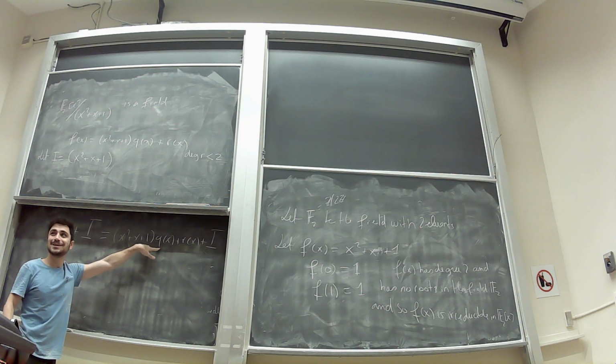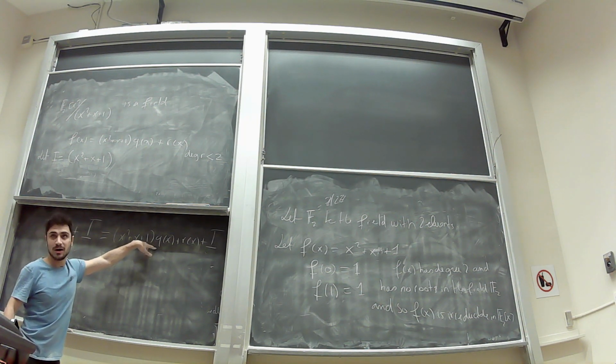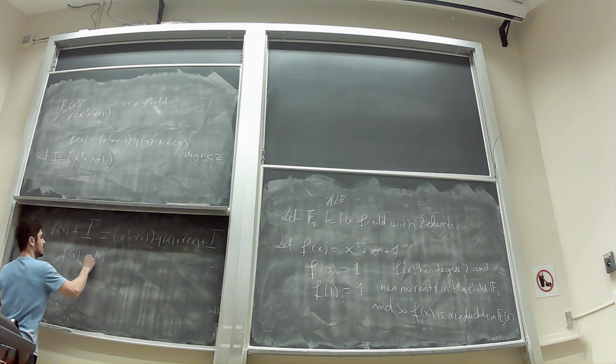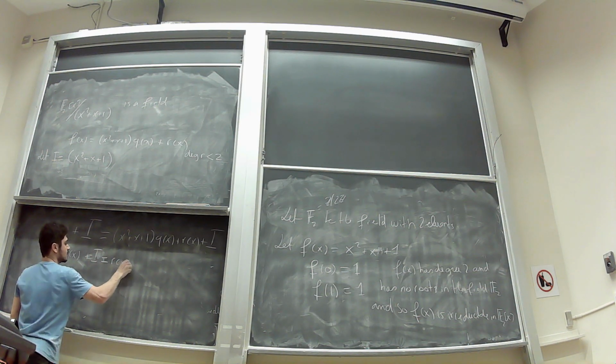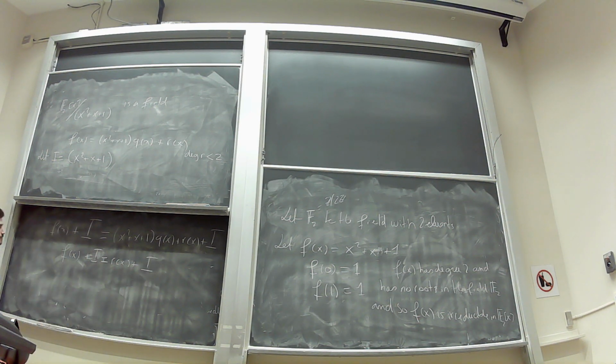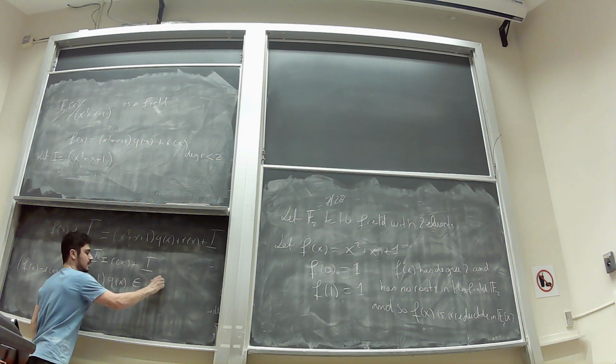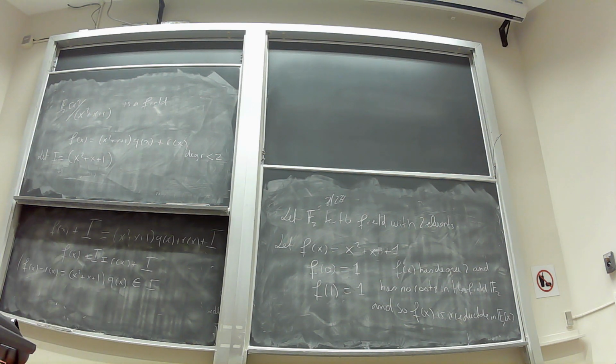So f of x plus I is equal to r of x plus I. Or you can say that f of x minus r of x is equal to x squared plus x plus 1 times q of x, which belongs to I. Hence, the coset of f of x is equal to the coset of r of x.